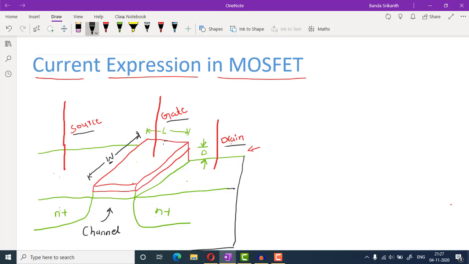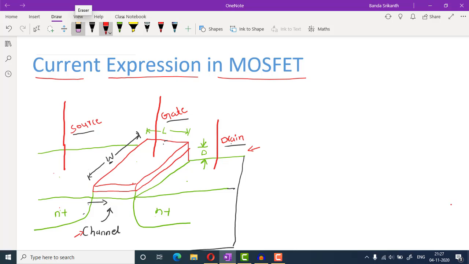So here, in order to flow the current from the source to the drain, first of all, we have to create a channel underneath the gate terminal.